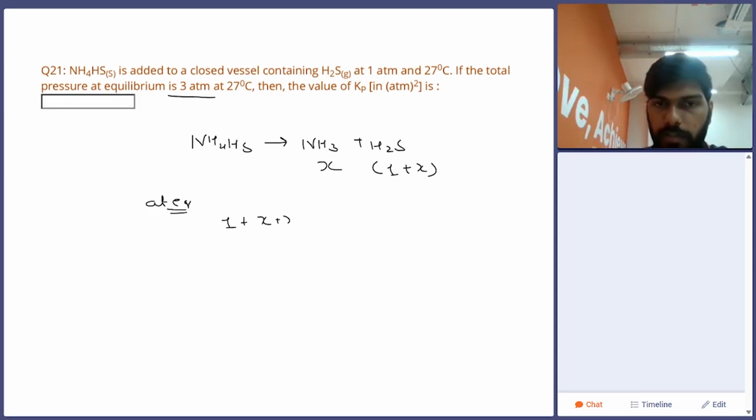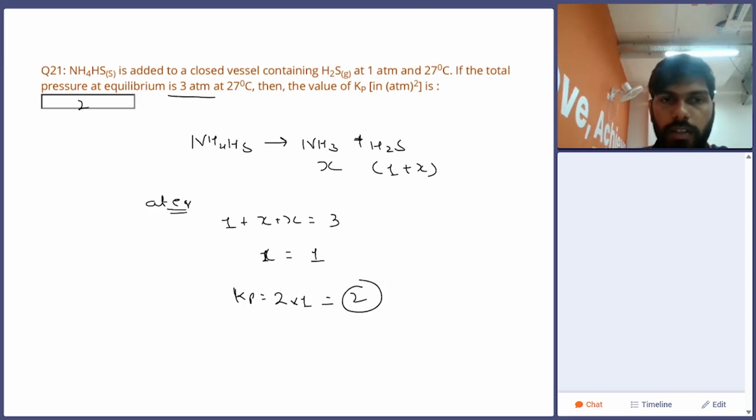So 1 plus X is equals to 3. So X, when you solve, will become 1 and Kp is equals to, in atm square, the partial pressure of this one, and then this will become 2 into 1, so it is 2. So 2 is the right answer for this question.